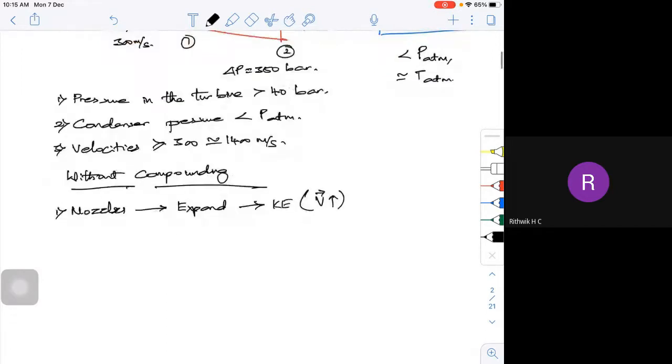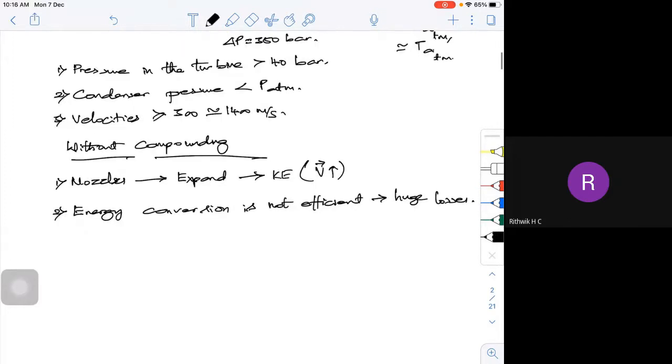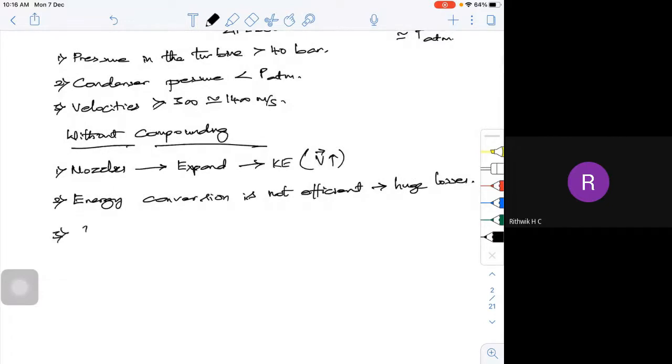And then the second point is your energy conversion is not efficient, because of huge losses. And then the third point is I do have uncontrolled speed. What is this actually? If speed is uncontrolled, let me put this: you have the uncontrolled speed.